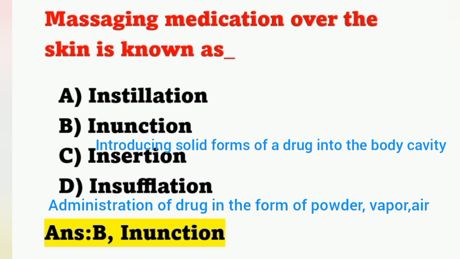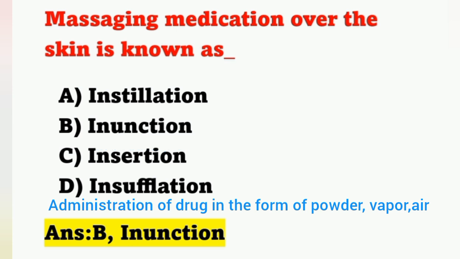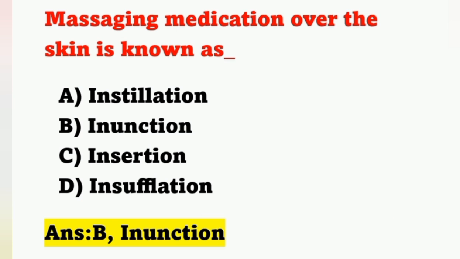The last option, insufflation, means administration of a drug in the form of powder, vapor or air into a body cavity. Our question, massaging medication over the skin, that is topical application of a drug, is known as inunction. Option B.